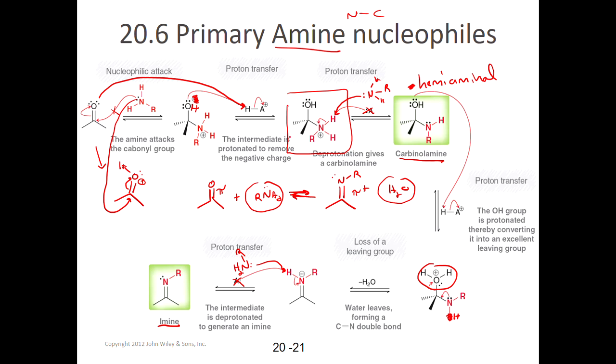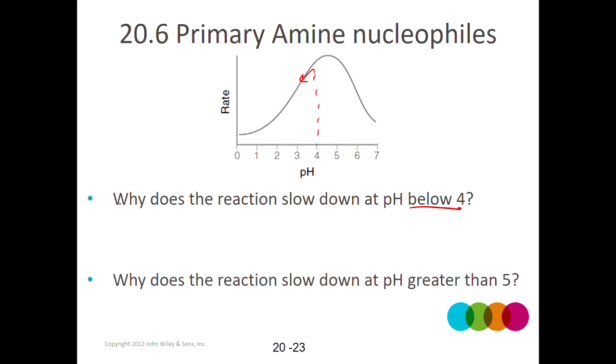If the pH is too low and there's too many protons around, then this nitrogen gets protonated and the oxygen gets protonated. And so if the pH is too low, because there's too many excess protons around, then not only will the carbonyl be protonated like we want, to make it more electrophilic and have the nitrogen attack, but the nitrogen will be protonated for almost every molecule.